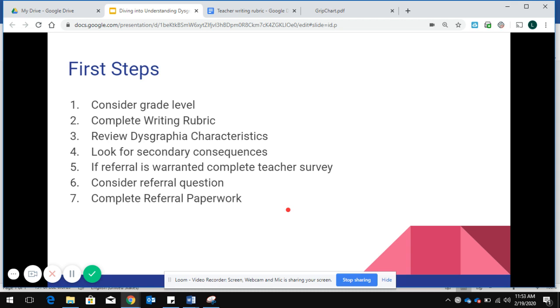Because remember, dysgraphia could coexist with other disabilities like dyslexia, attention deficit disorder, specific learning disabilities. So after you consider the referral question, complete the referral paperwork, and we will start the assessment process.